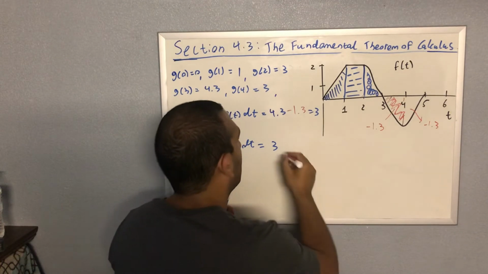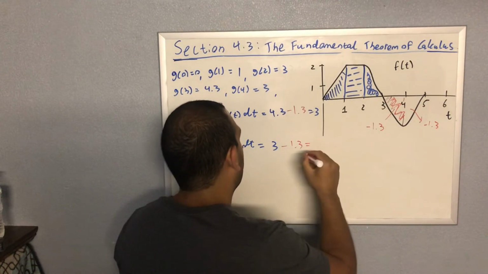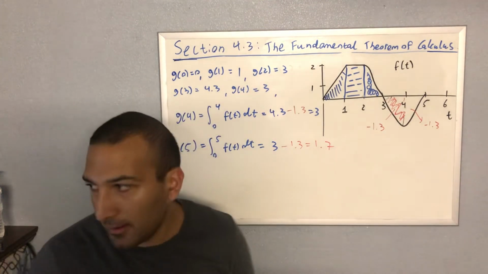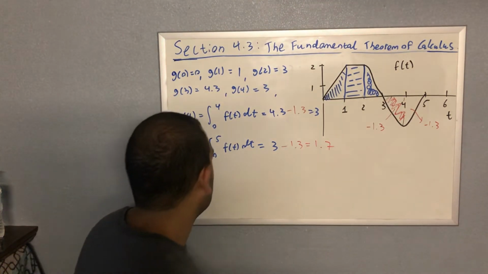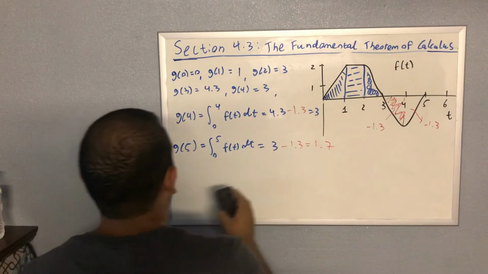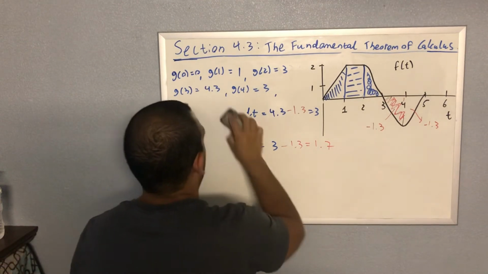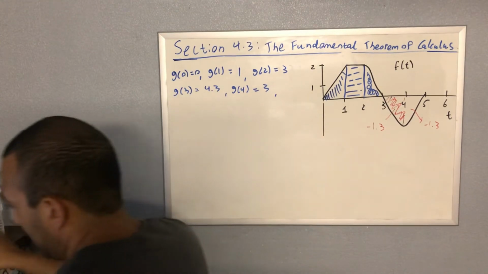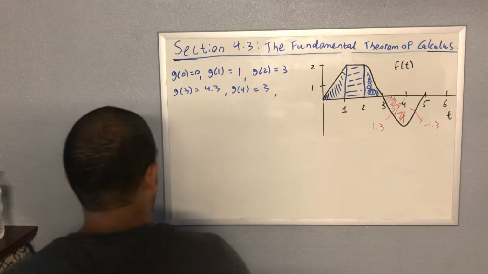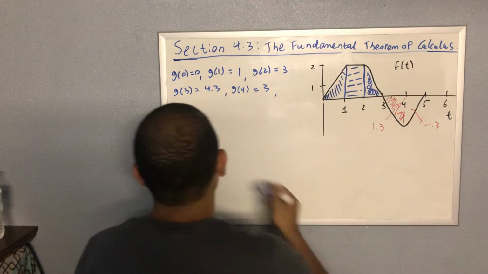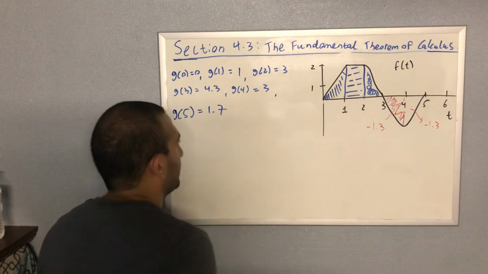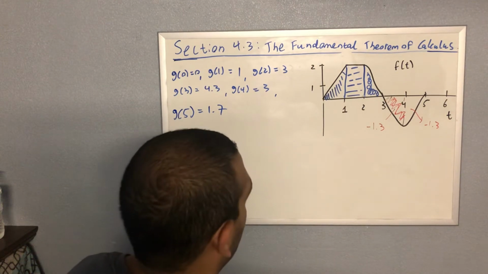So this will be 3 minus 1.3, which will just give us 1.7. Okay. So then last but not least, we have g of 5 is 1.7. Now why did we go through all of this trouble?